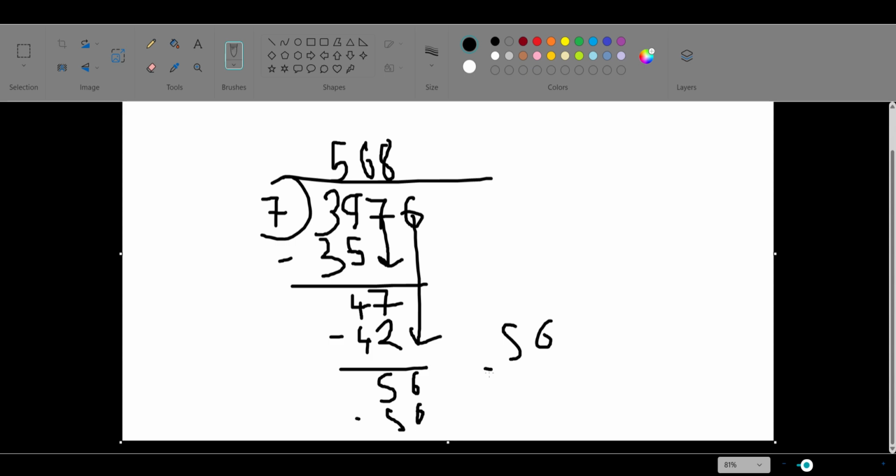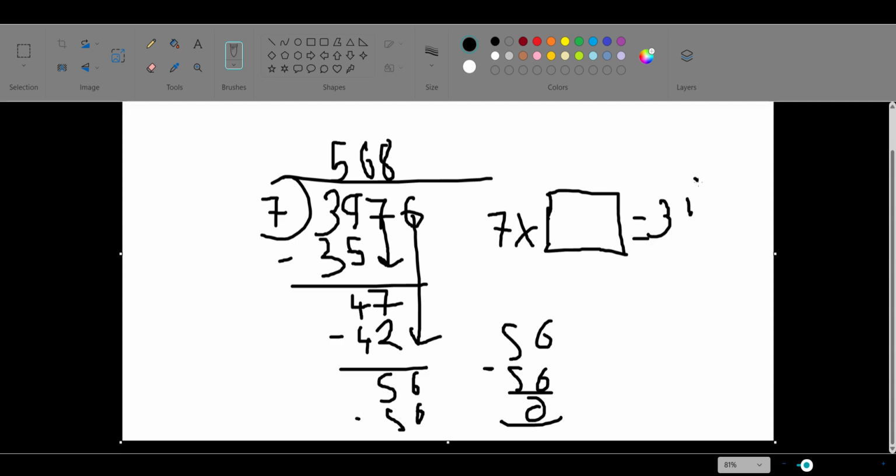And now 56, which is 56. So 7 times 8, which means 0. 0 is remaining, and so this is equally divisible by this.